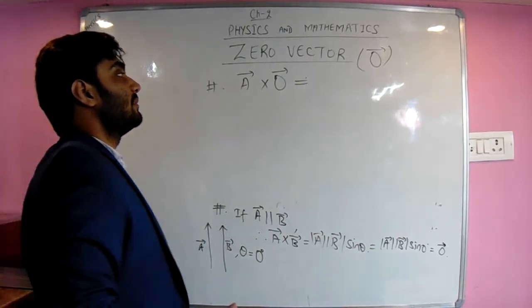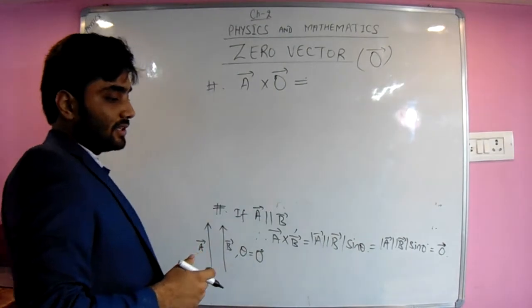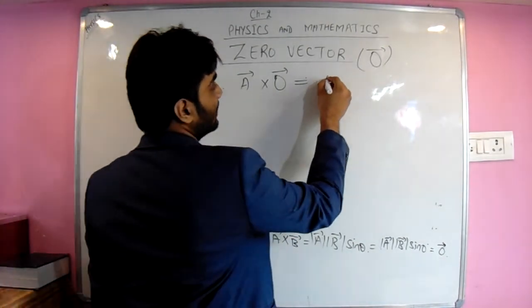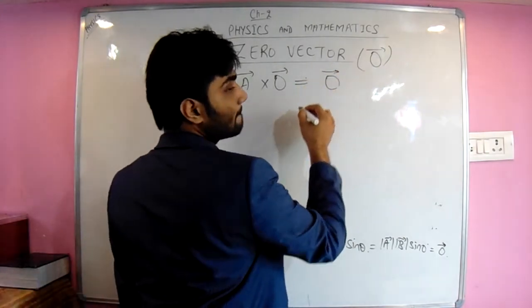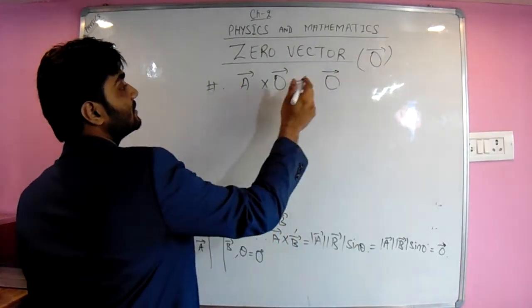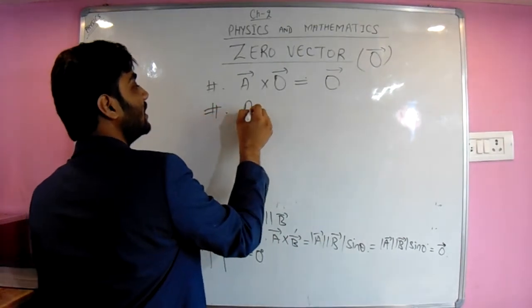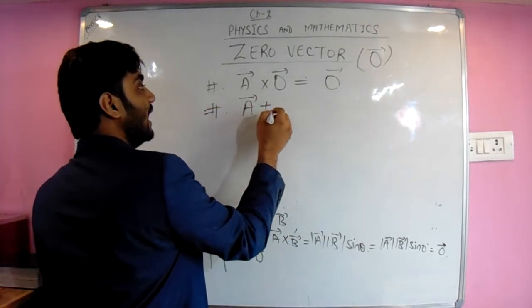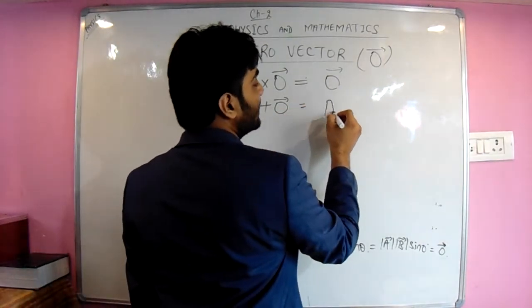If we cross any vector A with the zero vector, then what happens? It becomes the zero vector. If we add A vector to the zero vector, it becomes A vector.